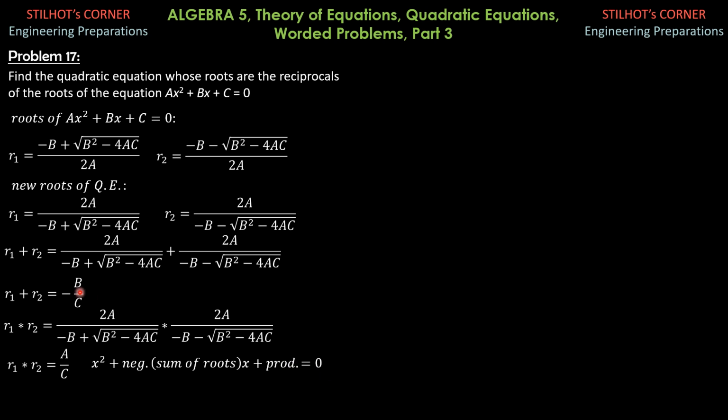Remember Stillhat's formula. So substitute: x squared minus negative B over C times x, plus the product of the roots, which is A over C, equals 0. Then we multiply everything by C, and therefore the quadratic equation whose roots are the reciprocals of the roots of this equation is now cx squared plus bx plus a.